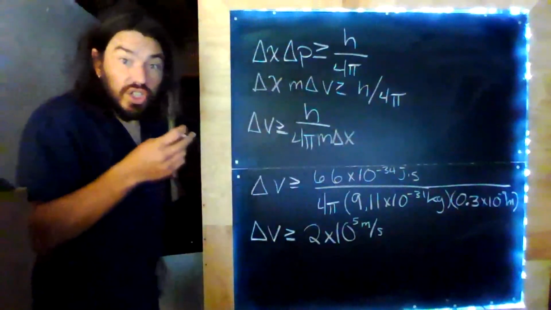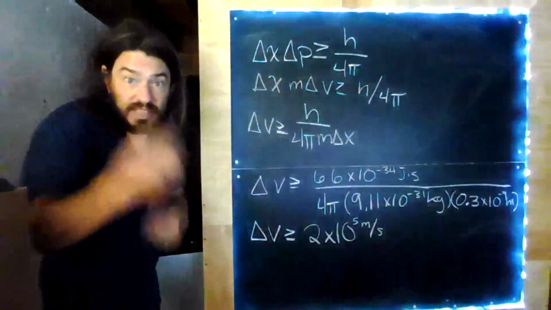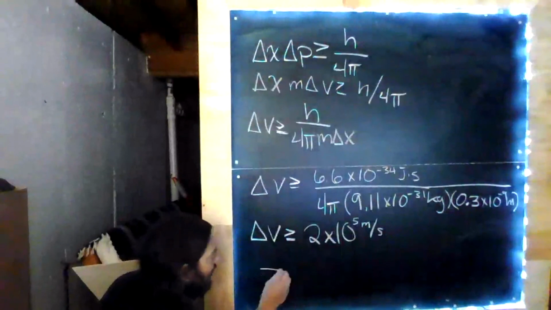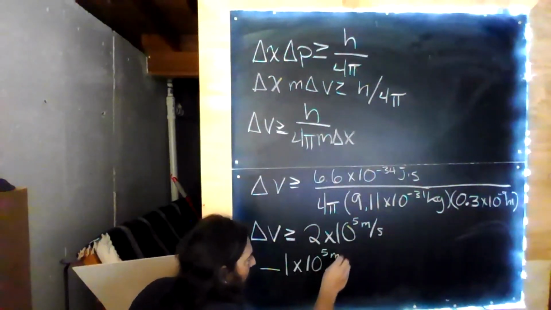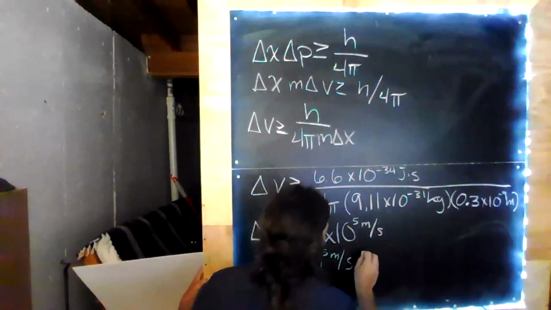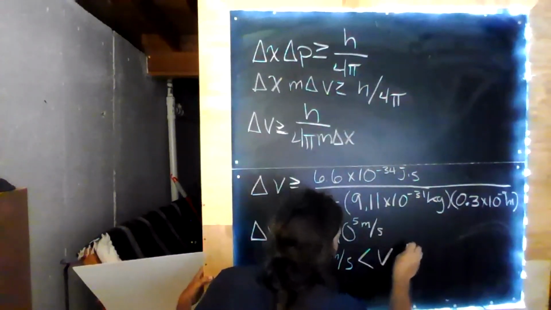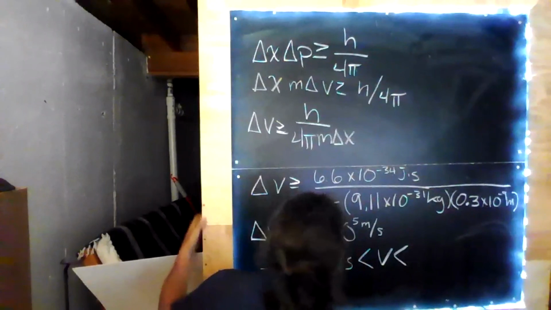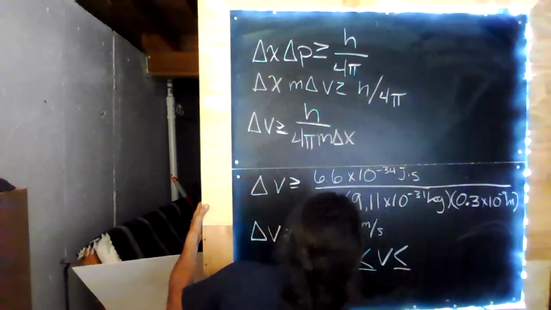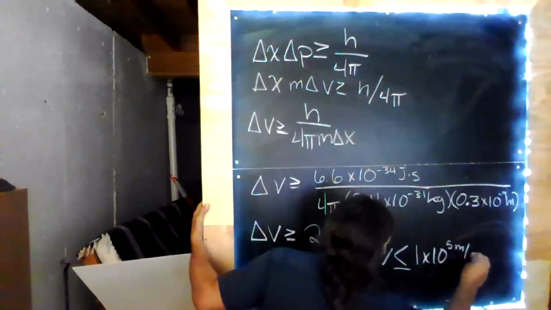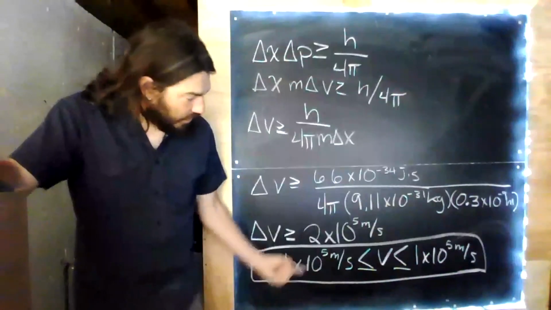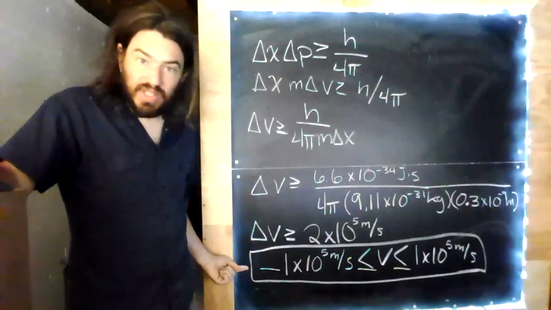Therefore, the range of velocities that we might see would be greater than or equal to -1 times 10 to the 5th meters per second, and less than or equal to 1 times 10 to the 5th meters per second. So, there we go. This is our range of possible velocity.